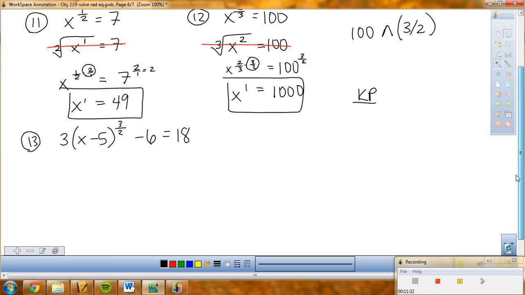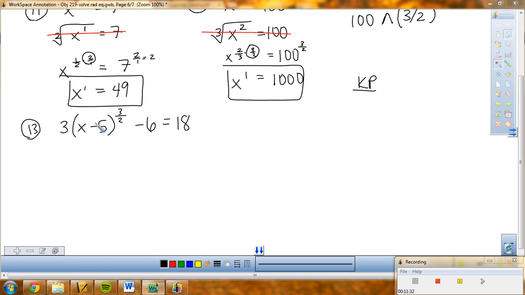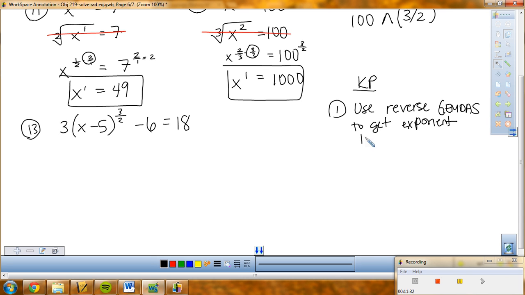We can also see this being used in groups. And so, again, it doesn't look like we have a radical, but we should know that this 3 over 2 is actually going to be a radical. So just like we had with our radical equations, we want to use reverse GEMDAS to get the exponent term alone.